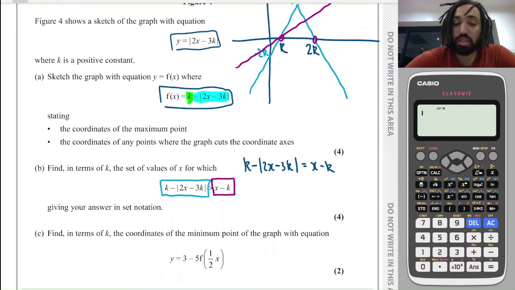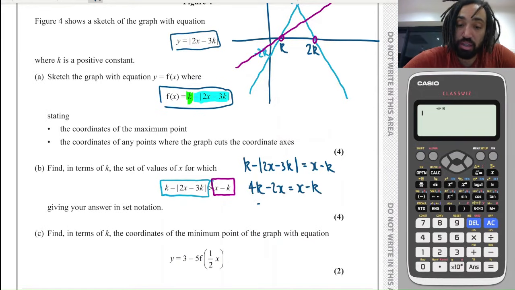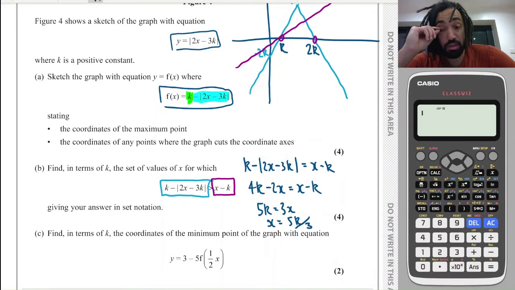And solving this equation would give me 4k minus 2x equals x minus k, and then it would give me 5k on this side, 3x on this side, so it would give me x equals 5k over 3. So that's one point created.